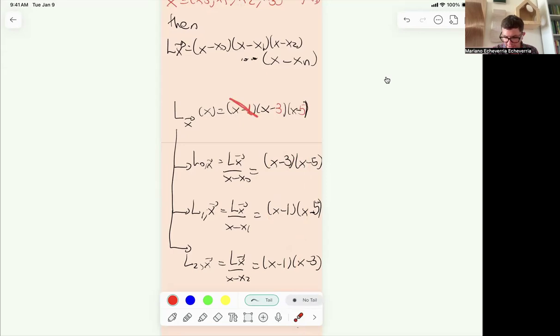In the first case, I deleted the first factor and end up with this one. For the second case, I deleted the middle factor, right? I end up with this one, okay? And for the last one, I deleted the third factor, and so I end up with this one, okay?